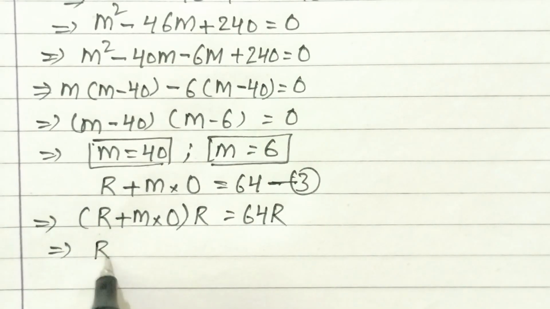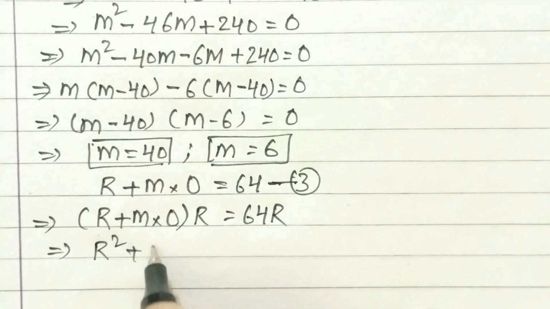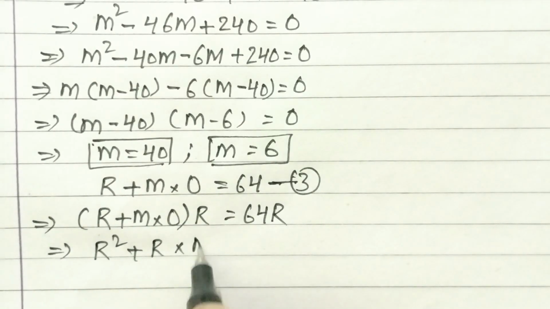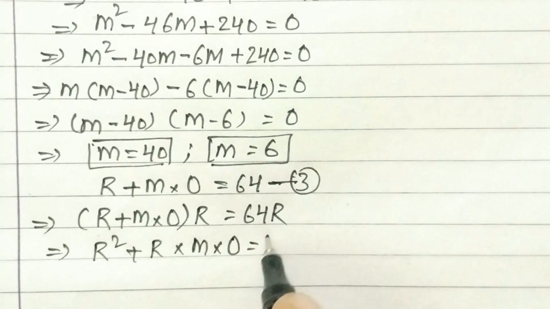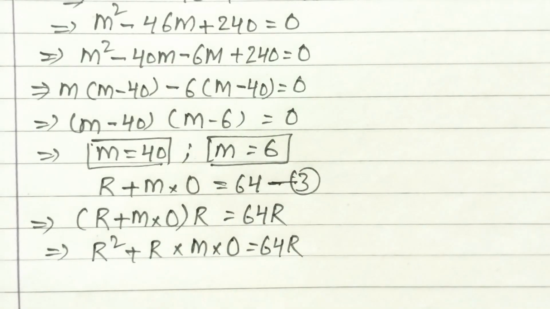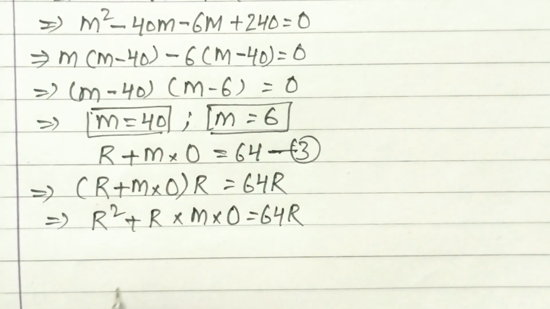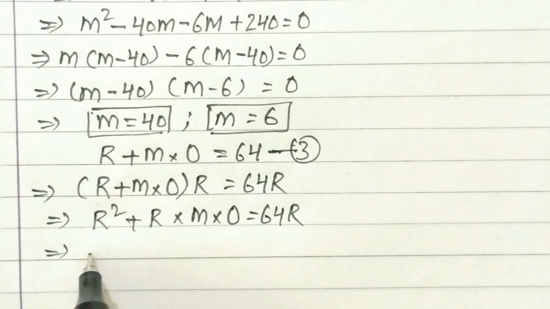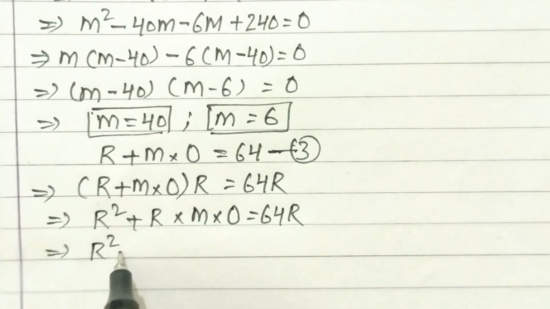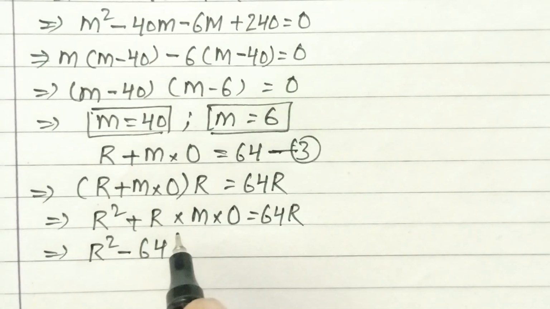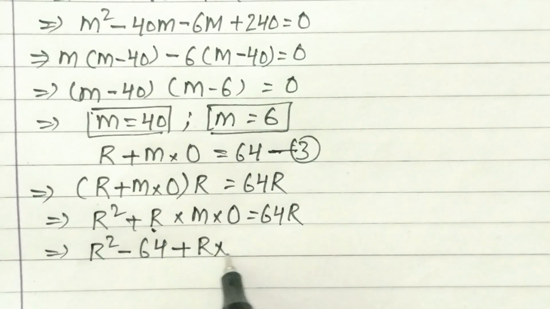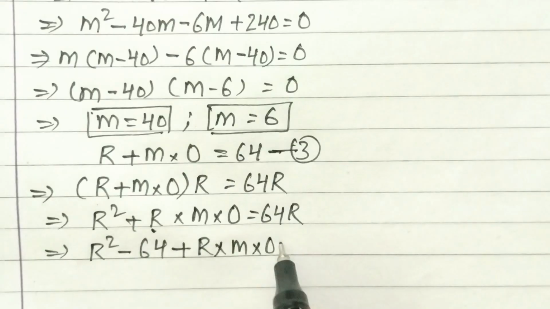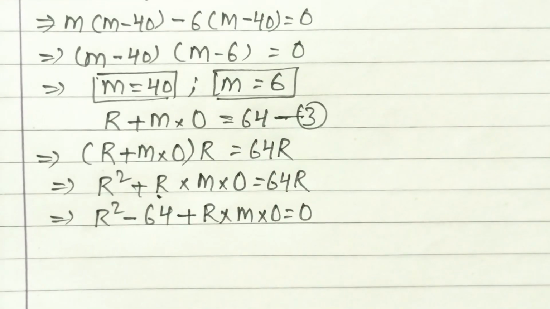So R square plus R times M times O is equal to 64R.